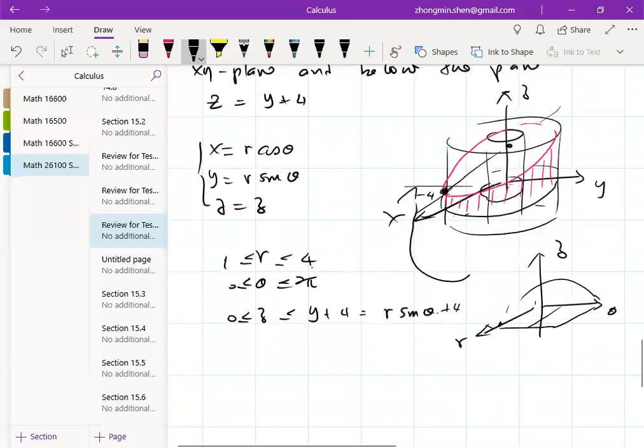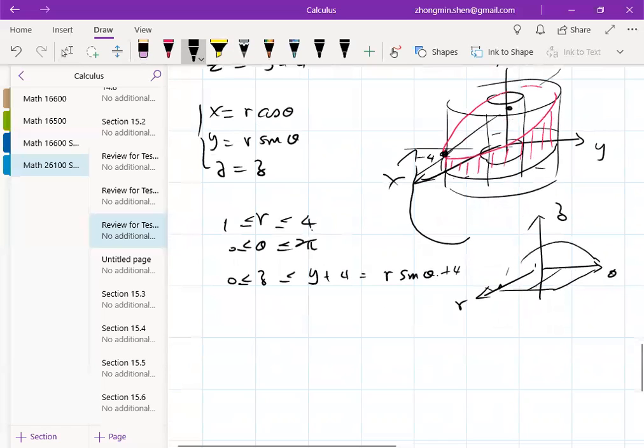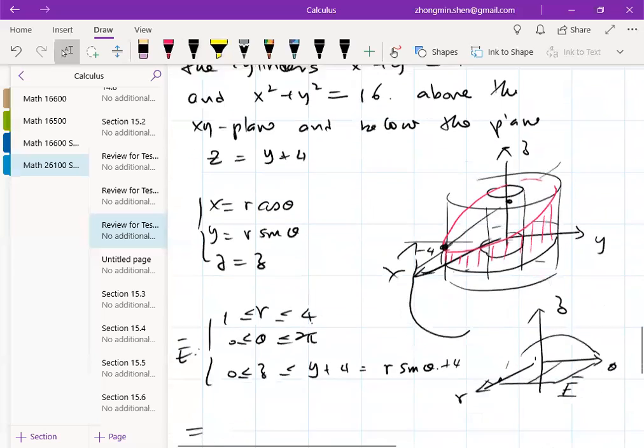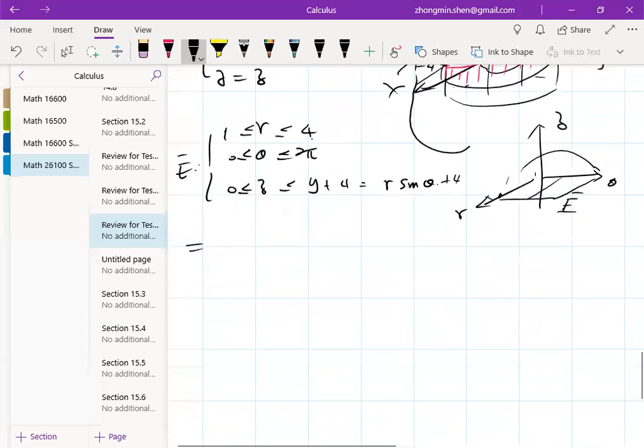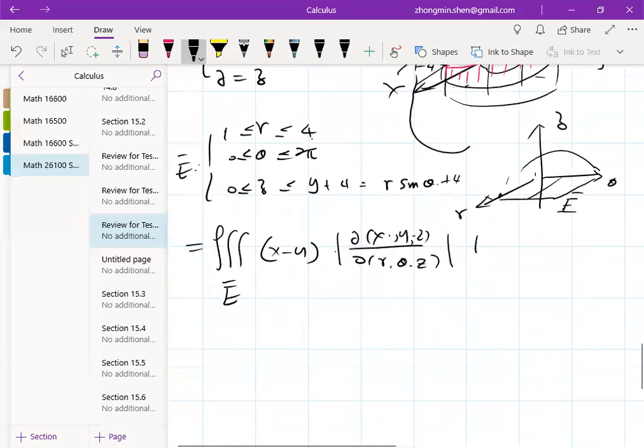If you want to change to r, theta, z, let's call this region E bar, defined by these coordinates. So the triple integral becomes the triple integral over E bar of x minus y, but don't forget the Jacobian in three-dimensional r, theta, z, dV bar.